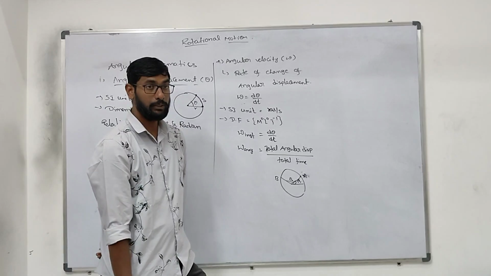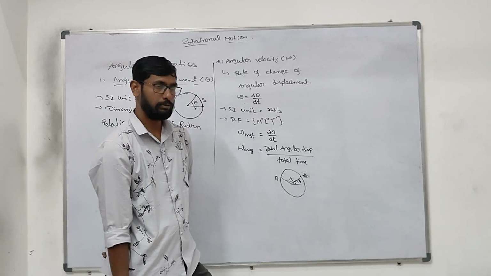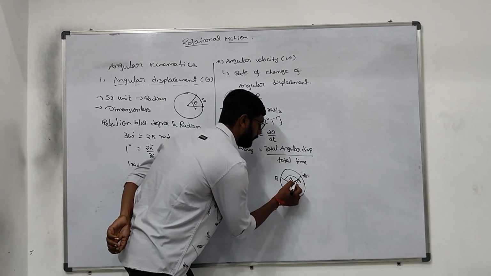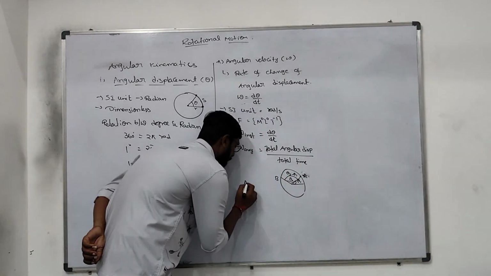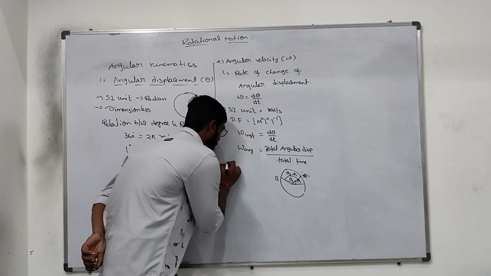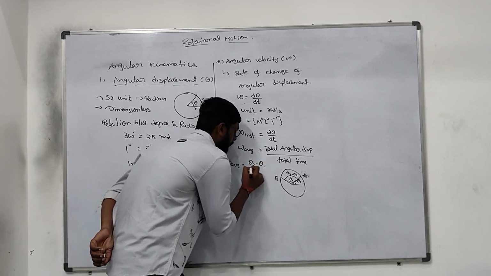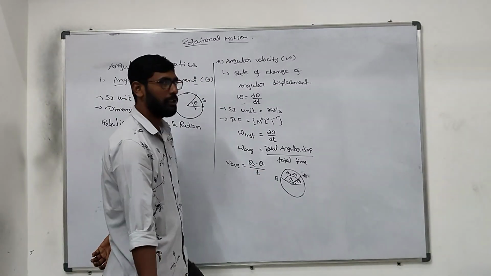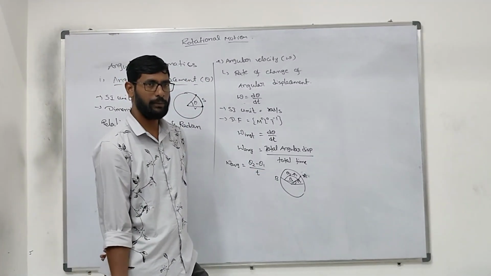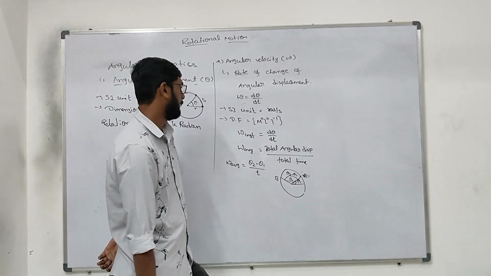What is the angular displacement now? Theta 2 minus theta 1. Right? This is the angular displacement, from here to here. So omega average will be theta 2 minus theta 1 by t, the total time period. Uniform angular velocity means if the angular velocity is constant, it is called uniform angular velocity.